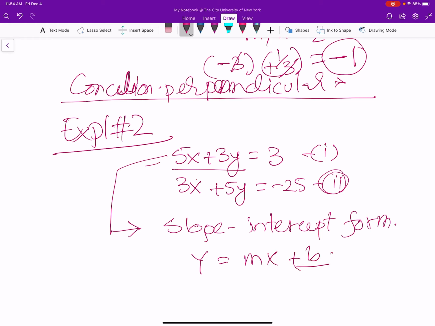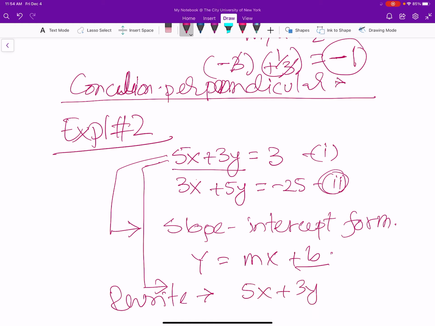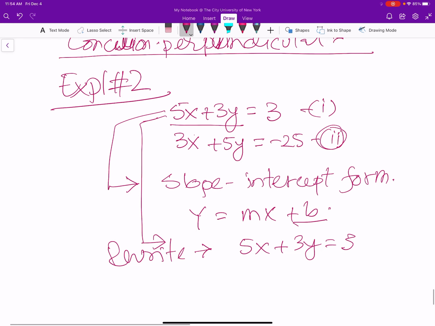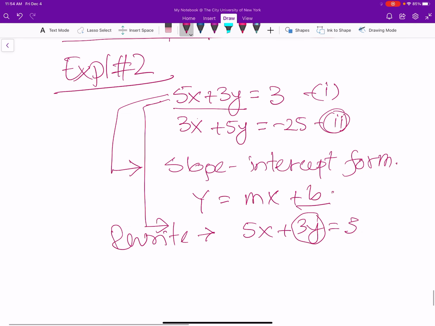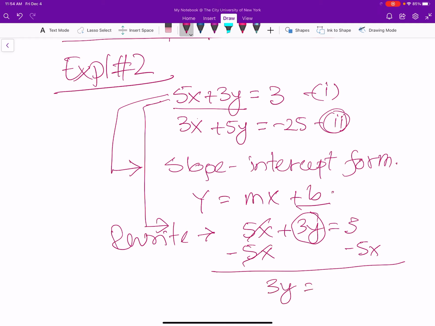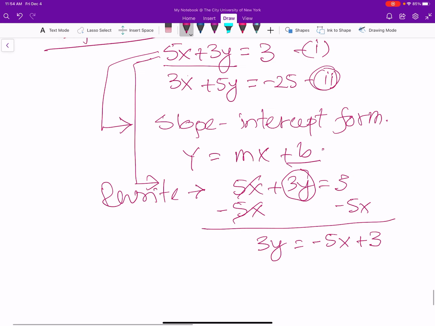So what do you do? Let's rewrite. 5x plus 3y equals 3. Your job is to get this y free on the left hand side. So by the subtraction property of equality, the 5x goes off, and what remains is 3y equals negative 5x plus 3.